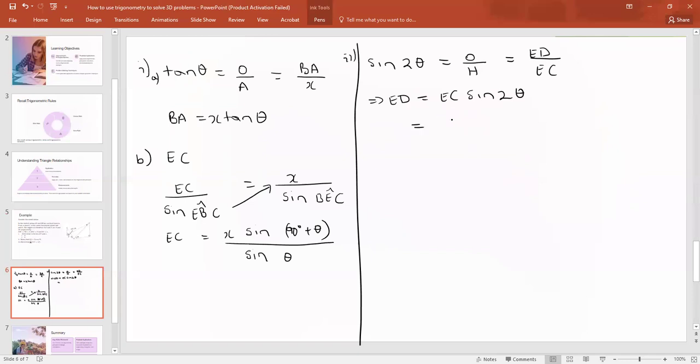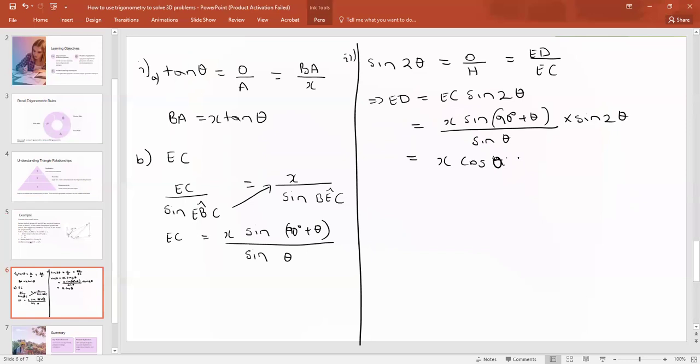We remember from our previous calculation that EC is given by x times sine of 90 degrees plus theta divided by sine theta. Don't forget to multiply by sine of 2 theta. Remember our co-ratio identity.